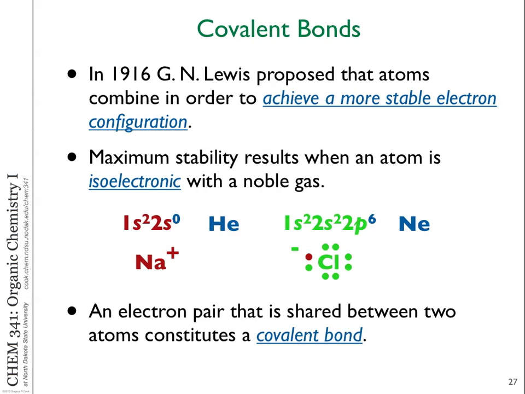Okay, so all these concepts have been known for some time. In 1916, Lewis actually proposed this, that atoms achieve a stable electron configuration by trying to get to filled states. They get maximum stability when they have the same electronic state as those noble gases, right? So again, this is wrong. This should be for lithium. In the lithium cation, which has this electron configuration, 1s2, that's the same configuration as helium.